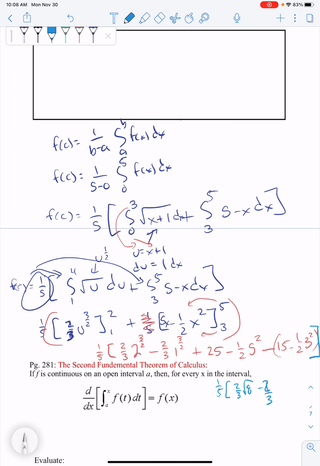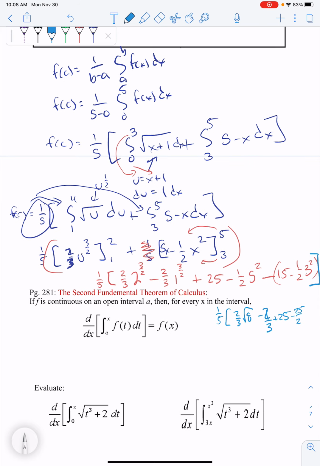And then I get the plus 25, minus 25 over 2, and then minus 15, and then plus 9/2. Again, a whole bunch of messy algebra. I would have left it right here.